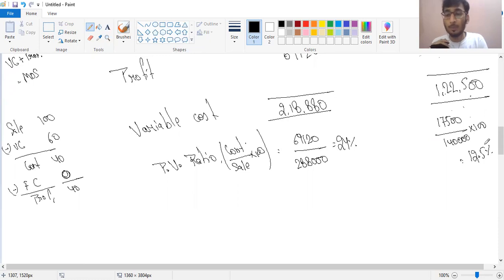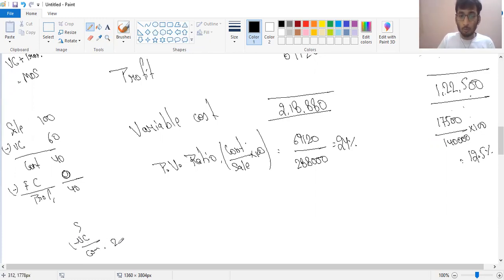Okay. Now, if it is PV ratio, what is the variable cost ratio? If 24% is the PV ratio, suppose 24% is the total contribution incurred. It is the value of contribution. Sale minus variable cost equal to contribution.